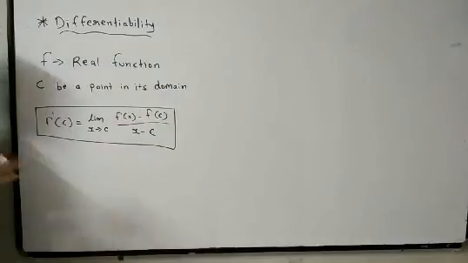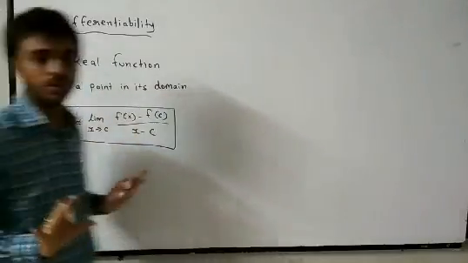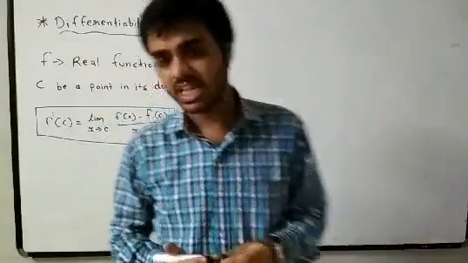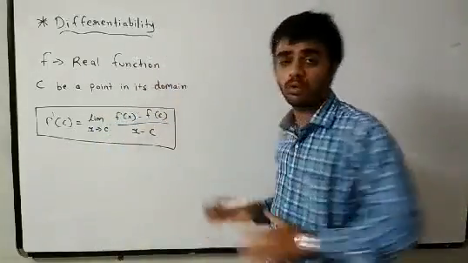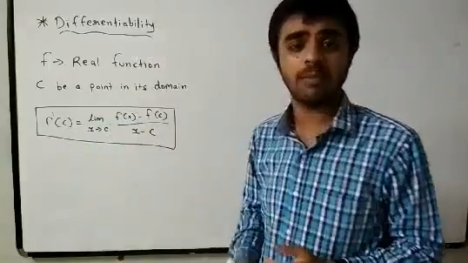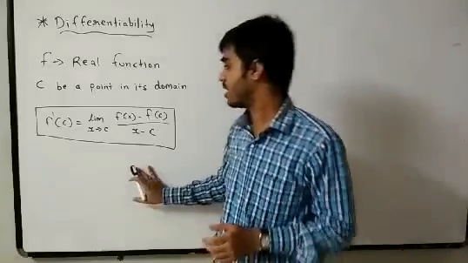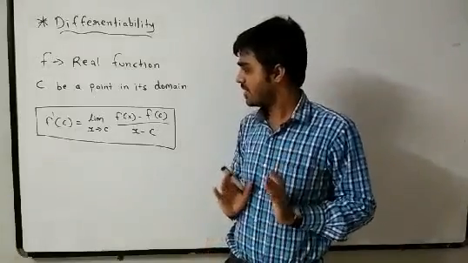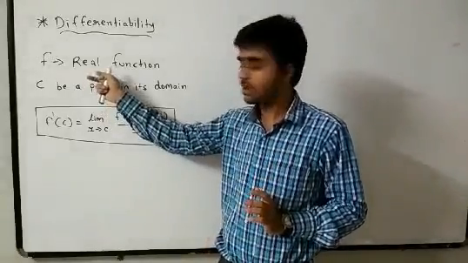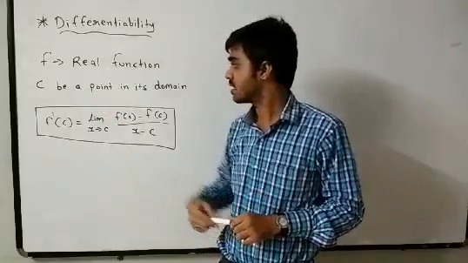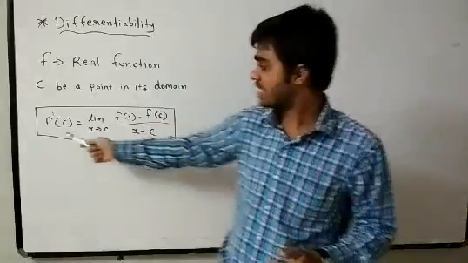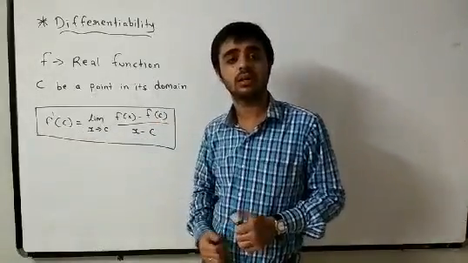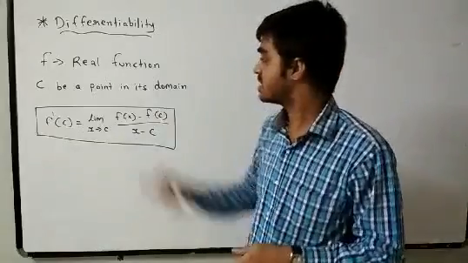Okay, if you are not able to understand this, don't worry. I will explain the meaning of differentiability in a very good way. I will show you with the help of a graph. Right now we need to see that this f is a real function and c be a point in its domain. Then f dash of c means it's a function whose differentiation.